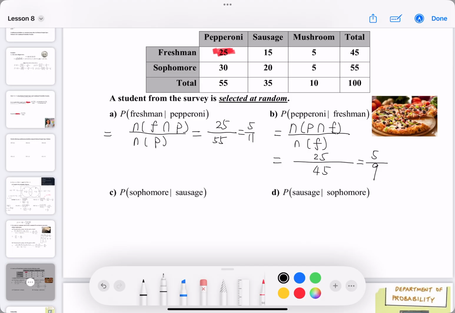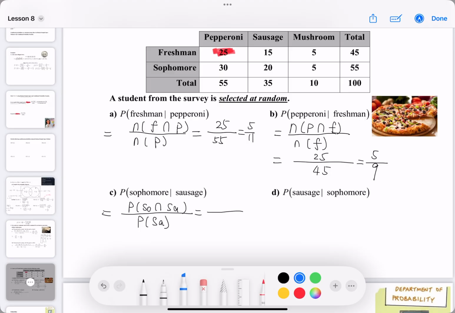Sophomore given sausage. So probability of a sophomore given the students selected sausage. Okay, that equals P of S and, let's say SO and SA, sausage, all divided by P of SA. What is P of sophomore and sausage?